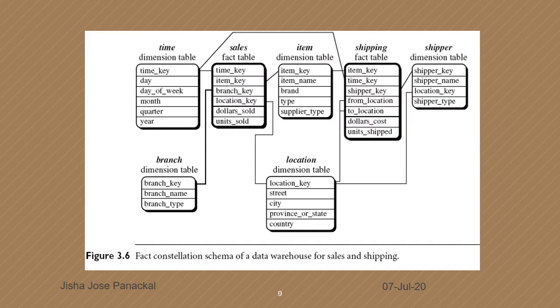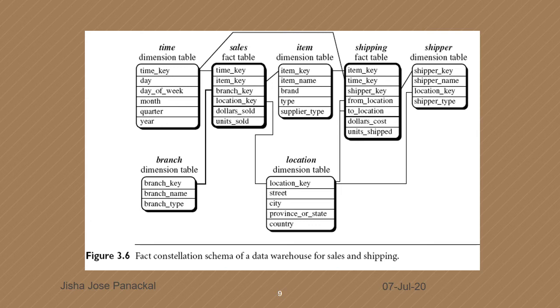See the example. We have two different fact tables here, one is sales and one is shipping, and some of the dimension tables are shared. For example, location is shared between the sales and shipping fact tables, and item dimension table is also shared between sales and shipping.